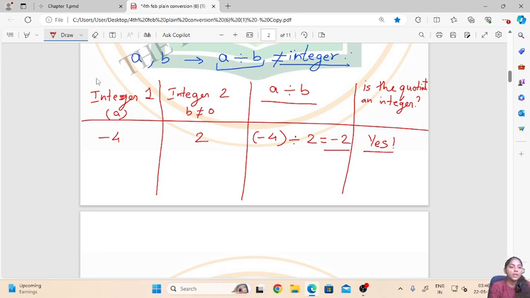Yes. Then the next one we have is a as -31 and b as 4. So a divided by b will be -31 by 4, which is not an integer.